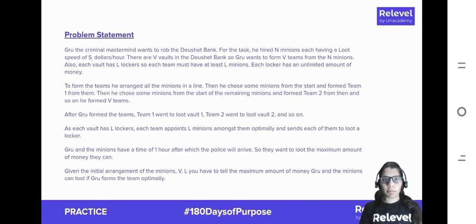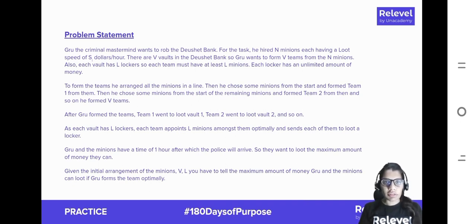Here, the problem statement is: Gru, the criminal mastermind, wants to rob the bank. For the task, he hired N minions having a loot speed of Si dollars per hour. So basically, you have N people, and the ith person has a speed of Si dollars per hour.